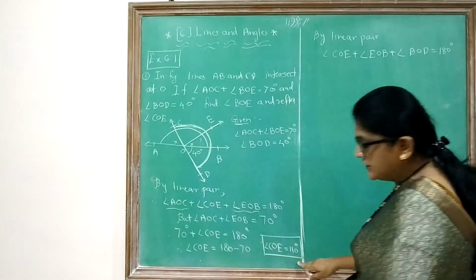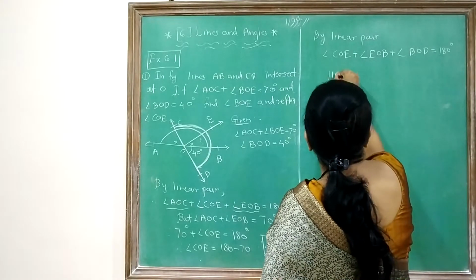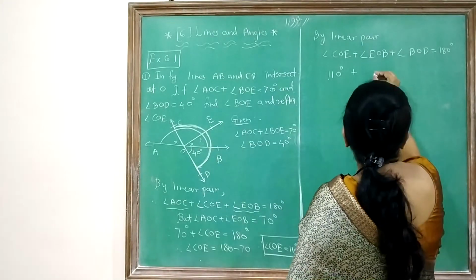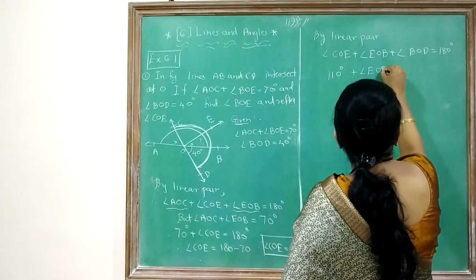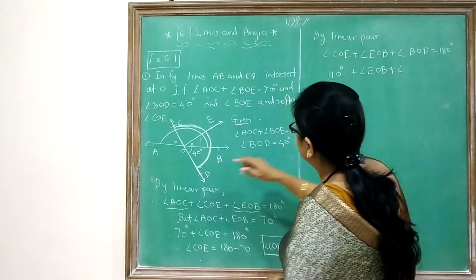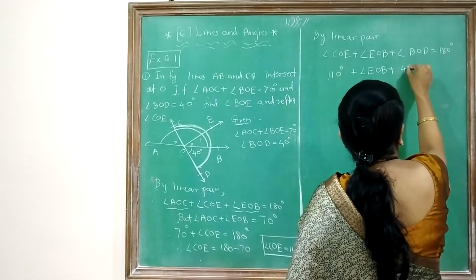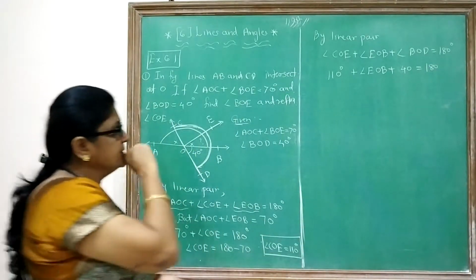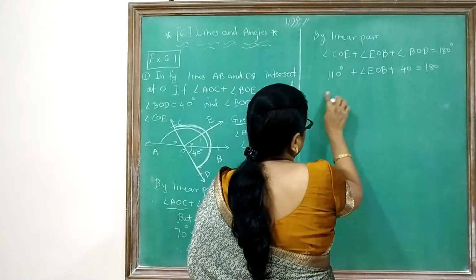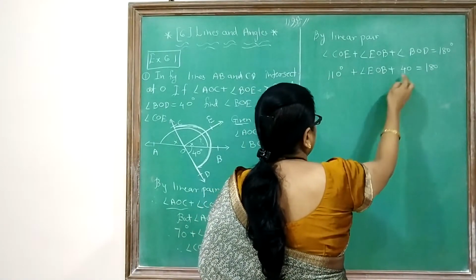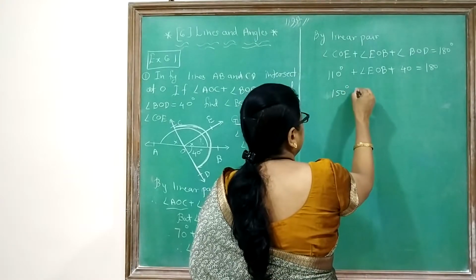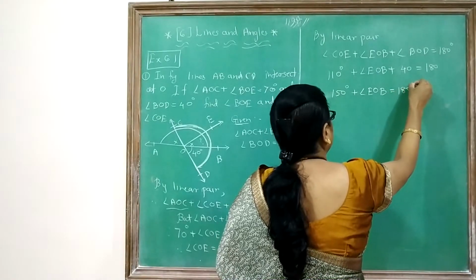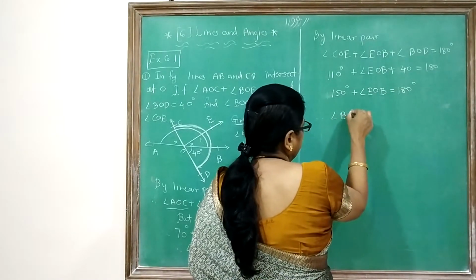But angle COE equals 110 degrees. So 110 degrees plus angle EOB plus angle BOD, which is 40, equals 180 degrees. 110 plus 40 is 150 degrees plus angle EOB equals 180 degrees.